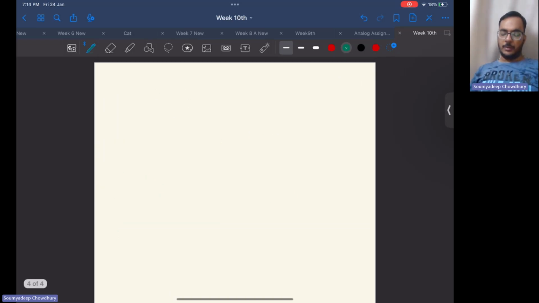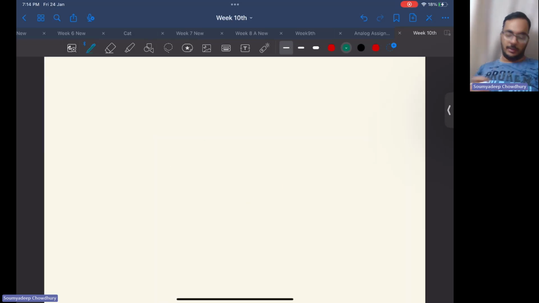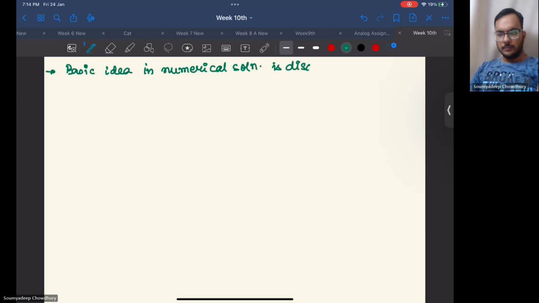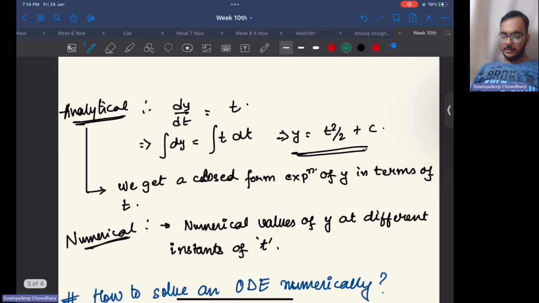So like in any numerical method, the first step is the discretization, right? So the basic idea in your numerical solution is the discretization. What we do is here the dependent variable is y, right?